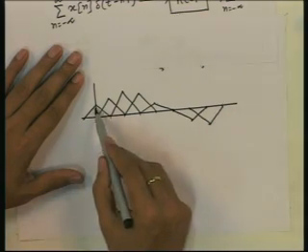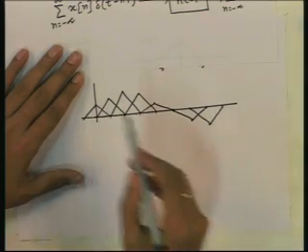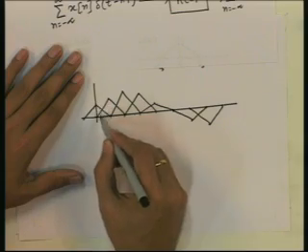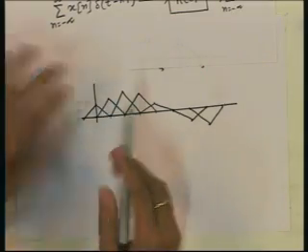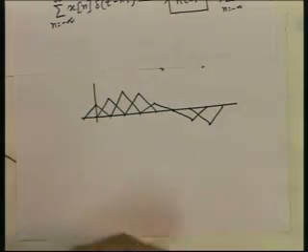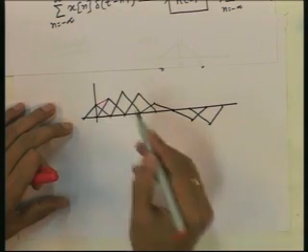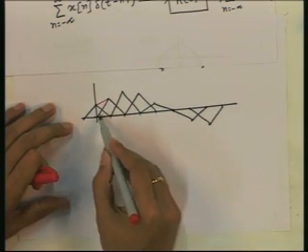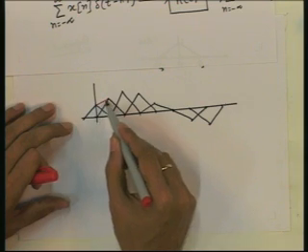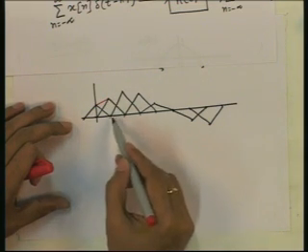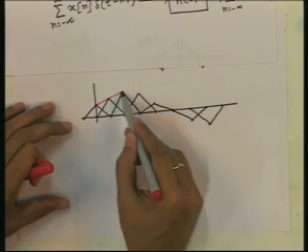Now once we add these triangles, what we get here is nothing but these tips joined by straight lines. When we add these two graphs, we get this straight line here. Similarly, we add these two, we get a straight line here.